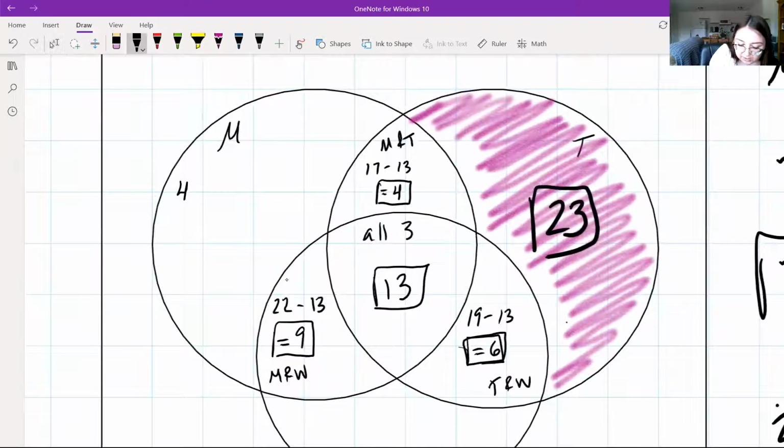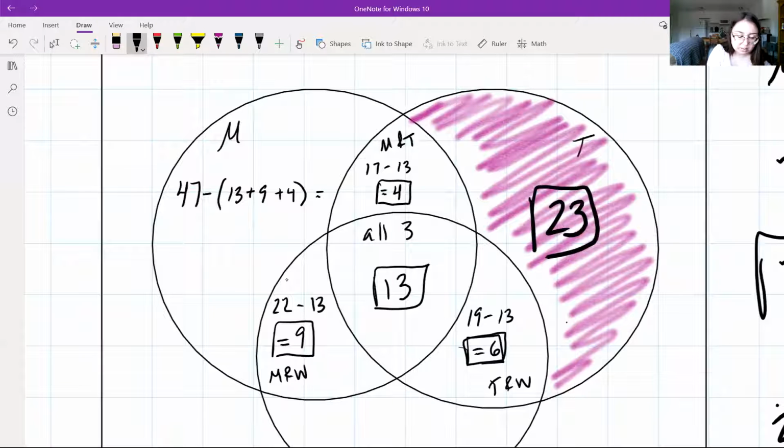So we're going to say 47 minus, and then let's add all these values up. You can subtract each one individually if you would like. It doesn't really matter the way that you add or subtract these. But we see here that we can take 47 minus, let's do 13 plus 9 plus 4.